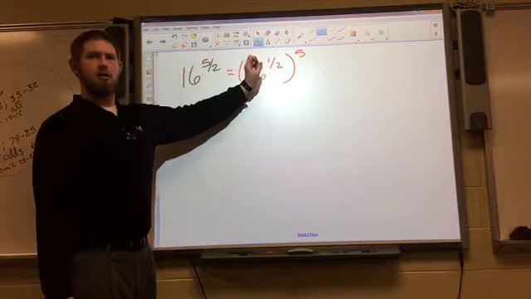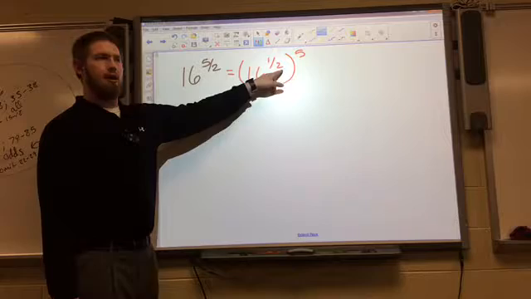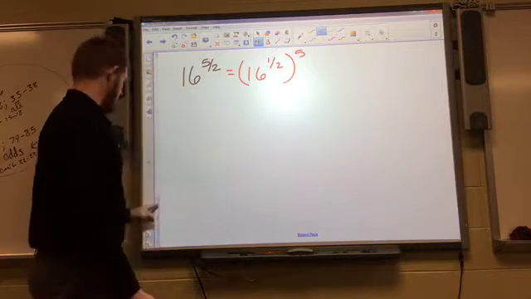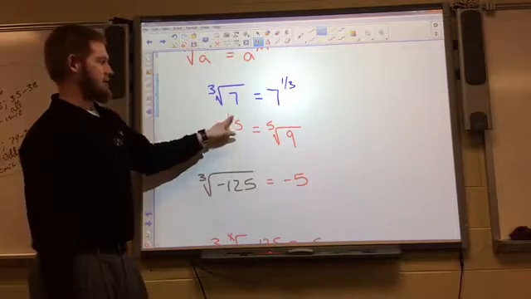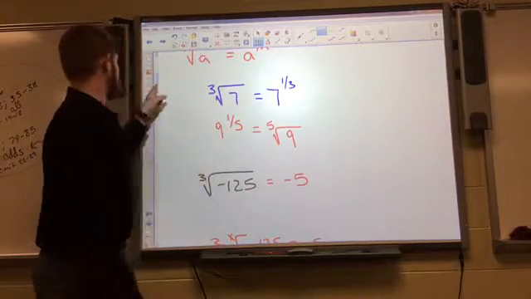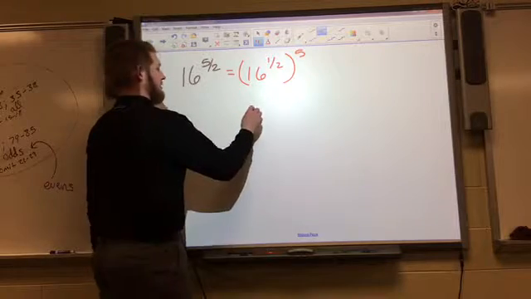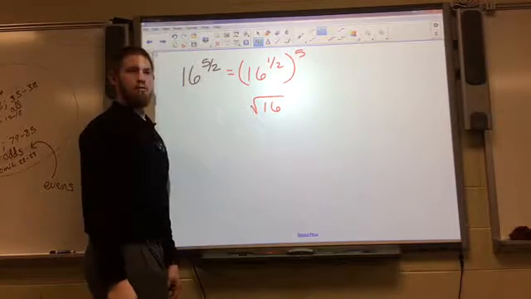What's another way? First thing we talked about, if that's a fractional exponent, I can change it into a radical, right? Remember talking about that up here? If I had a fraction as an exponent, I could change it into a radical. So instead of 16 to the 1/2, it's actually the square root of 16, right?